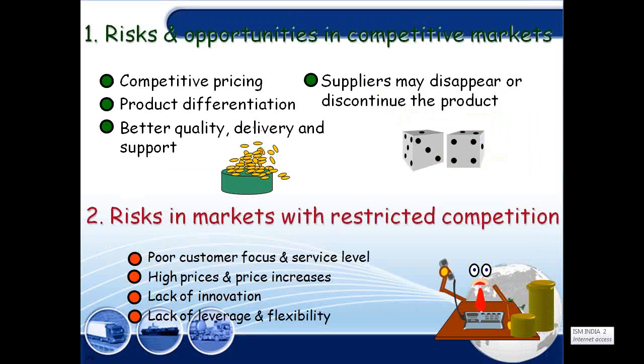Now the next one is risk and opportunity in a competitive market. Everything has two sides of the coin. If it is a very competitive market, you have to really work very hard to outbeat the others. Pricing has to be competitive. The customer is smart enough; they know very well both products are the same feature-wise and quality-wise. If one cuts the price by 10%, people will buy that.